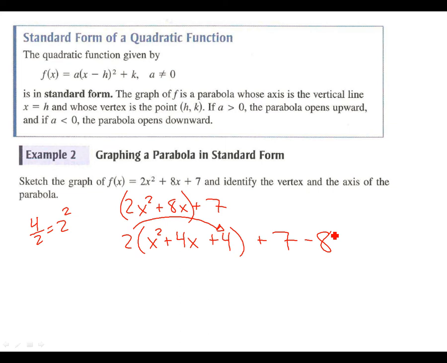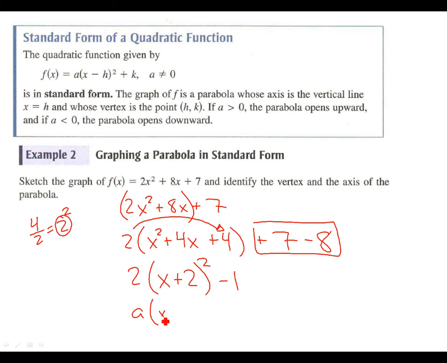All right? So FOIL this, or I'm sorry, factor this. This is a perfect square now. So x plus 2, and again, that's this number. That's the reason we're looking for that number. Squared minus 1. 7 minus 8 is minus 1. And look at that. Now we have it in our nice a(x minus h) squared plus k form. We want to find the vertex, so the vertex is h comma k.